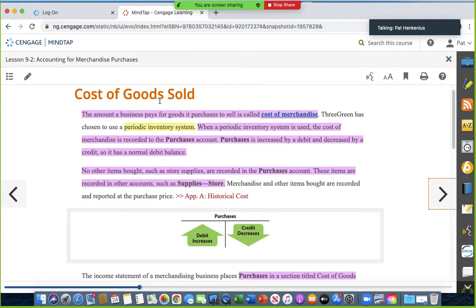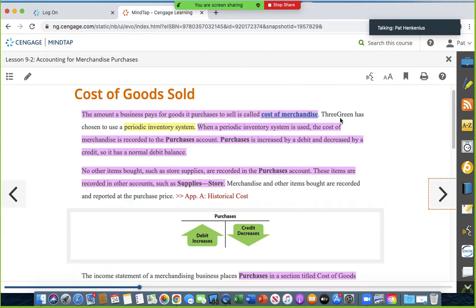And so we're slowly going to learn about cost of goods sold. And so that is the cost of the merchandise. So when we're talking goods sold, the merchandise we sell, the hat store, how many hats did we sell? The amount a business pays for goods it purchases to sell is called the cost of merchandise. All the stuff that we want to sell, that we have to buy, the goods that we have to buy.